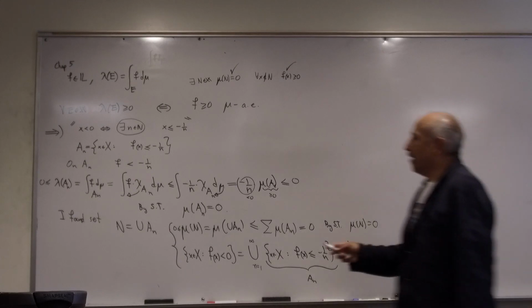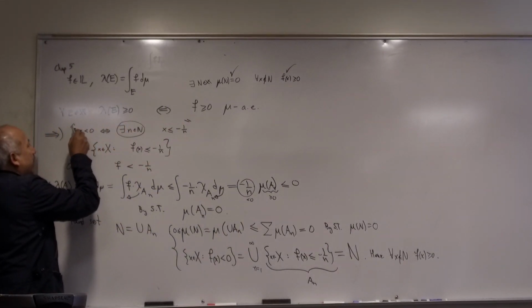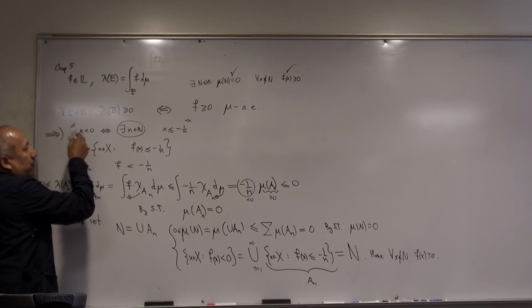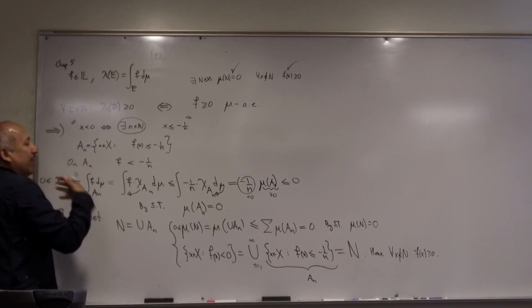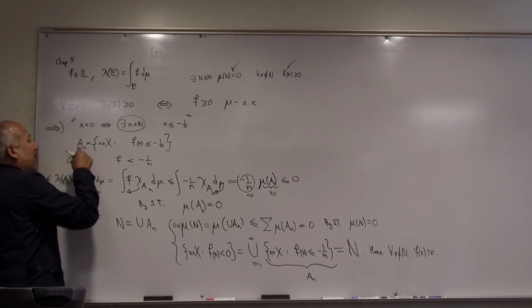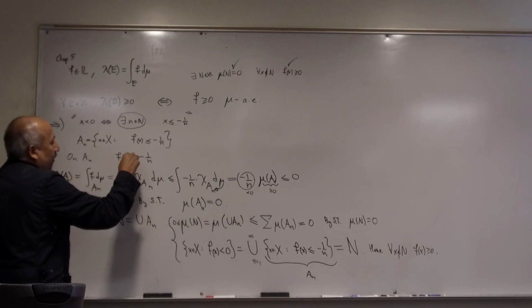All right? Take a look. We first write this fact, and this fact you can put in your cheat sheet if you wish. You build a set and you apply the technique. What is the technique? On that set, this function is less than that, or you can put less than or equal if you wish.